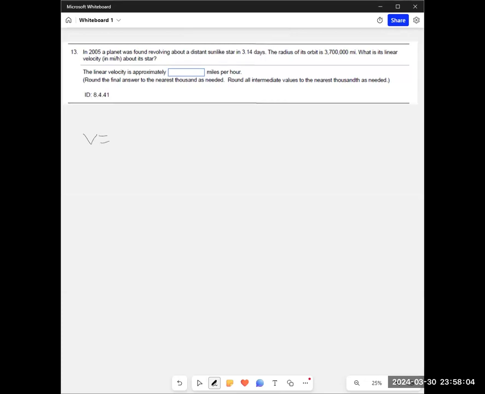So remember, linear velocity is equal to omega times r. We're going to need to find omega, where omega was the angle that it's going divided by t. So omega is going to be going 2 pi radians of full orbit in 3.14 Earth days, times 1 day is 24 hours.